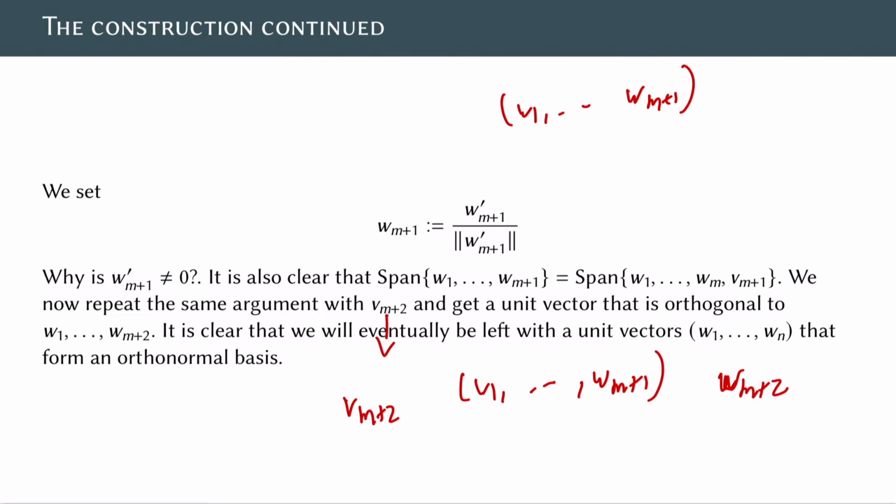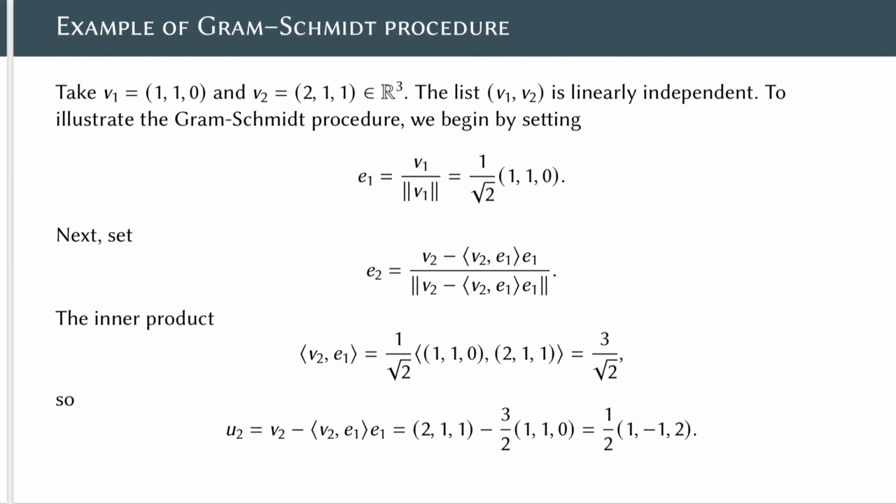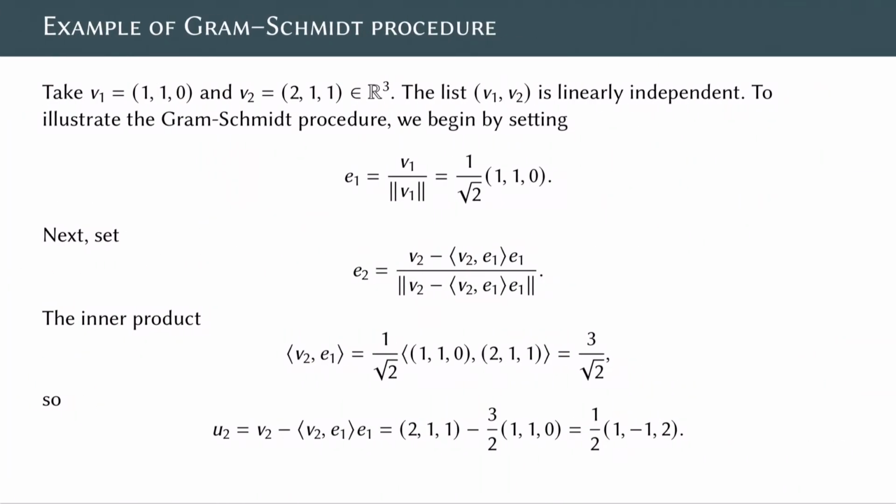Now if you keep repeating this procedure, we will finally end up with a list of vectors W1 to Wn that forms an orthonormal basis. So this is the Gram Schmidt construction. Let's see a concrete example of the Gram Schmidt procedure to make sure we understand what exactly is going on.